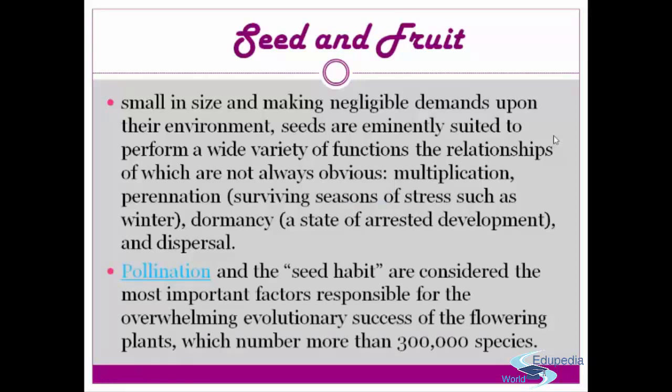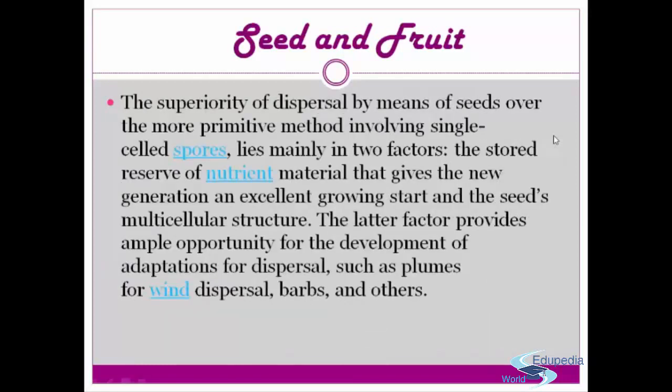Pollination and the seed habit are considered the most important factors responsible for the overwhelming evolutionary success of the flowering plants, which number more than 300,000 species. The superiority of dispersal by means of seeds over the more primitive method involving single-celled spores lies mainly in two factors.